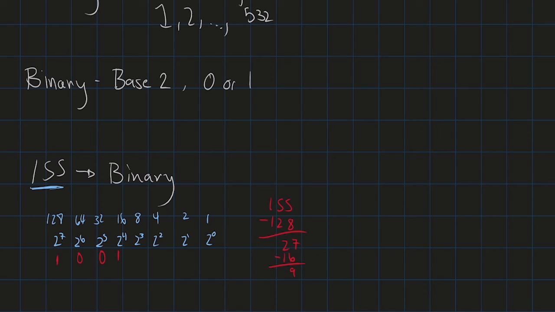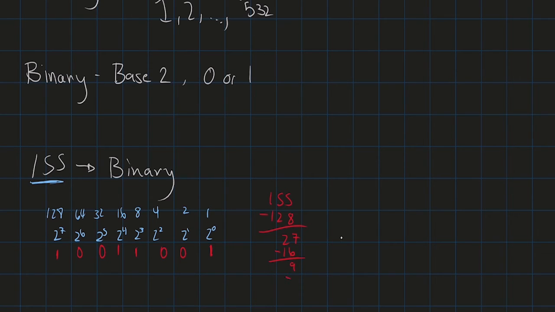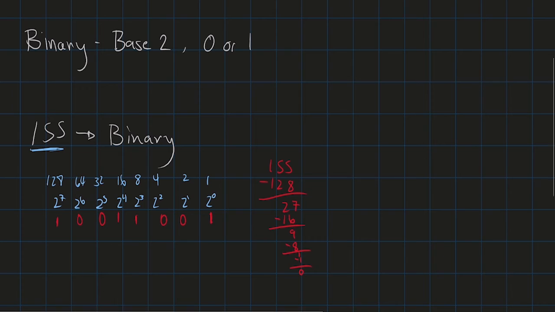Now for the last bits, we would just do 8 plus 1, and set everything else to 0. So minus 8, minus 1, 0. So our binary evaluation would be 155 base 10 is equal to 1 0 0 1 1 0 1 1 base 2.